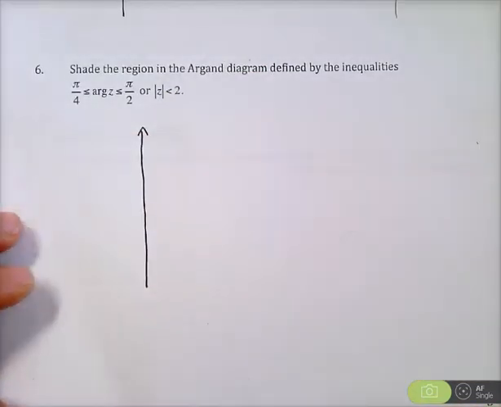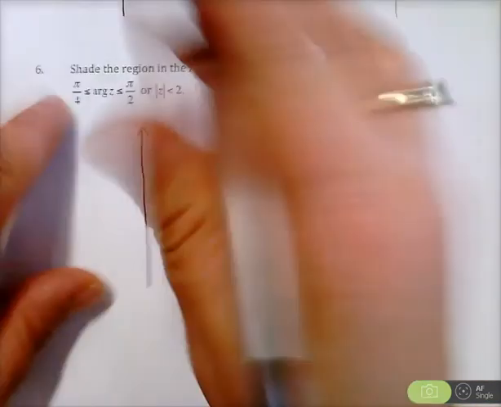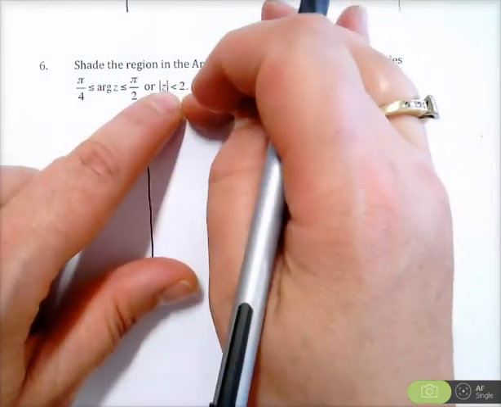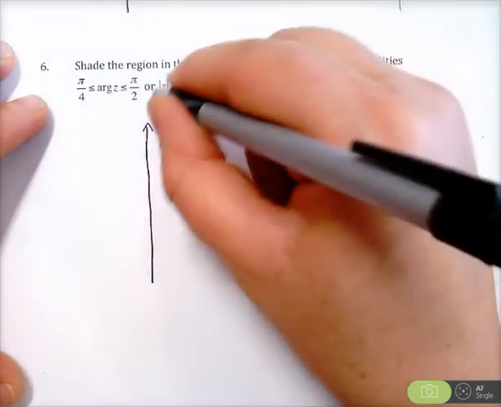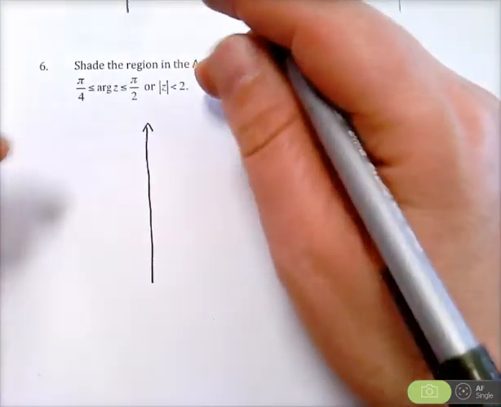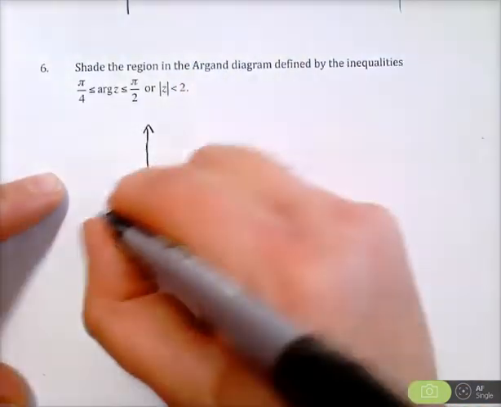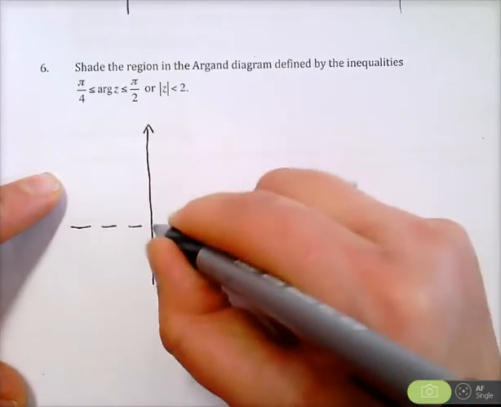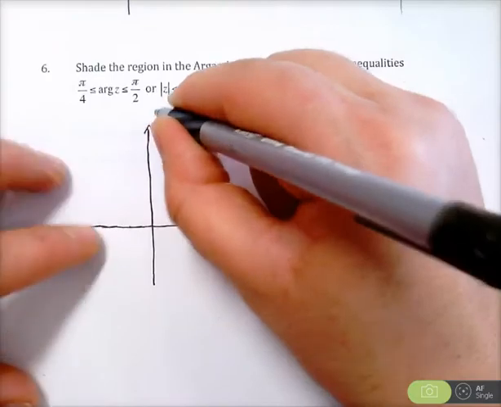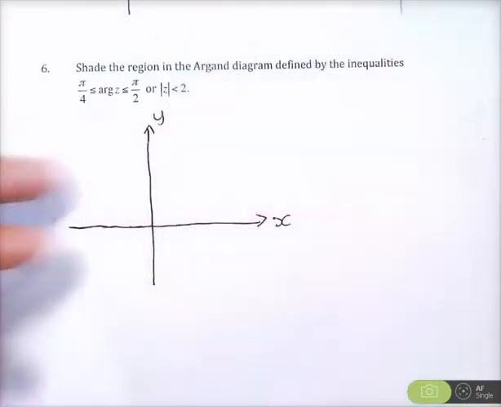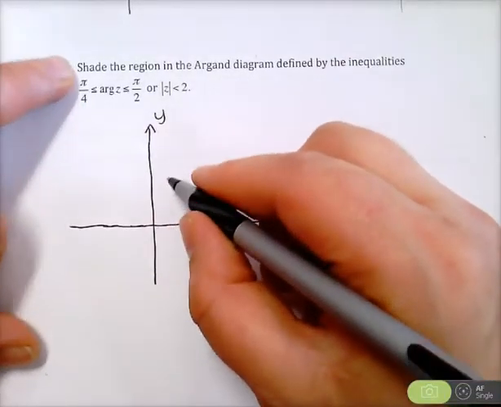Or does not mean intersection. It means I want that region shaded and this region shaded. That's what or means. If it said and, I want the union. So I need both of those regions shaded. So what do we got? Arg of, what's the first one?